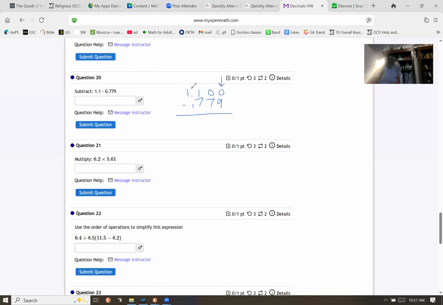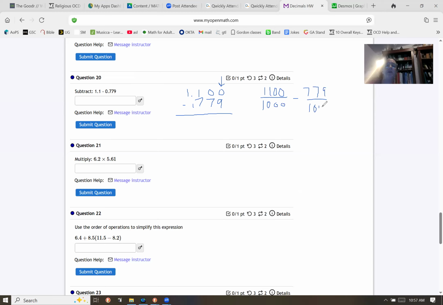So the 1.1 actually stands for 1,100 thousandths. And we're going to subtract off 779 thousandths.